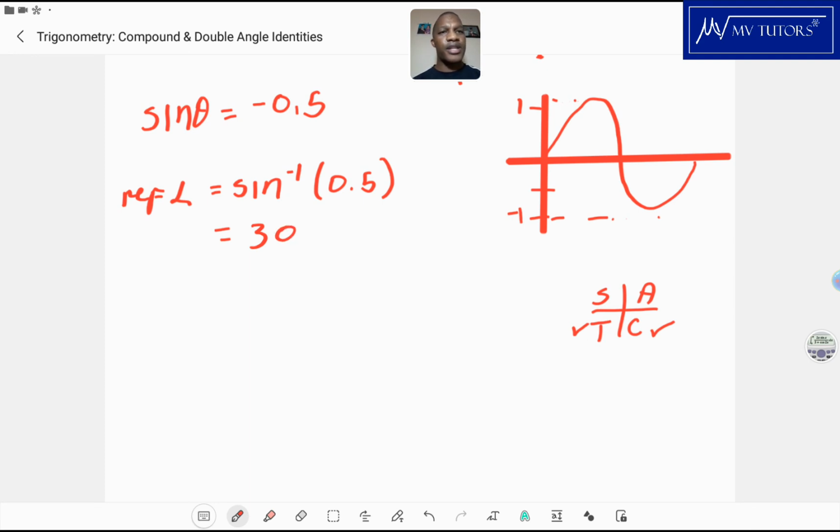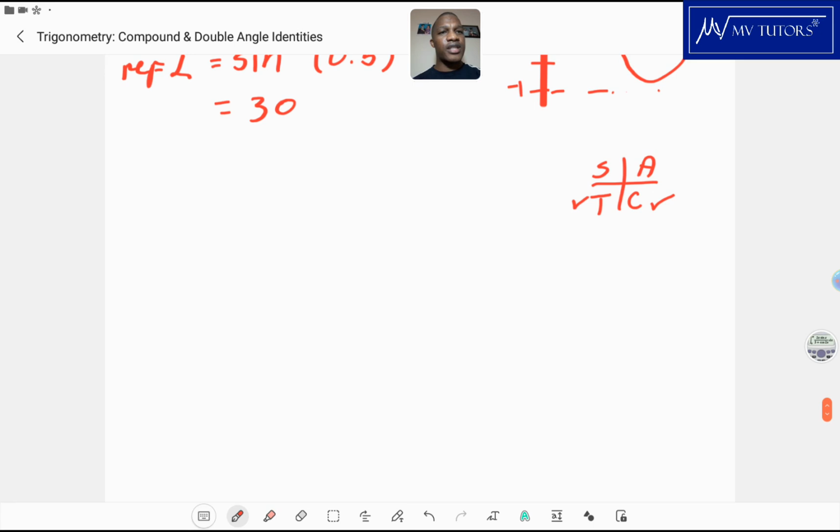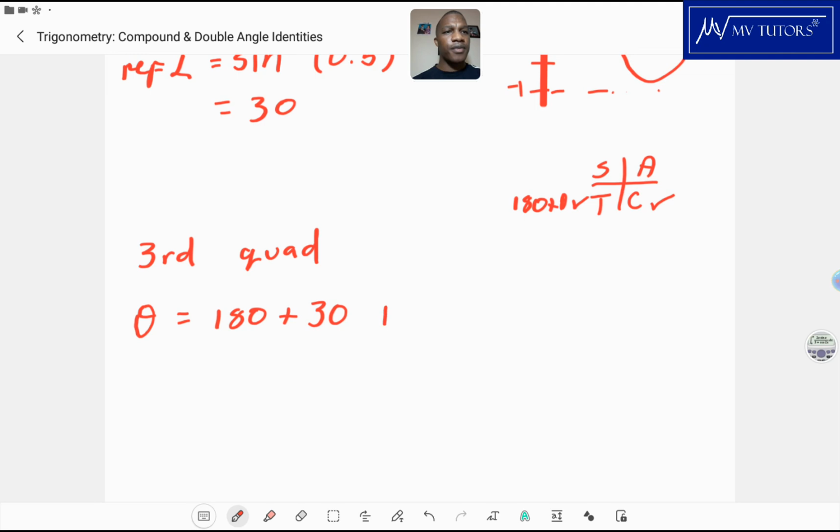Now, where does this help us? It tells us that we're in the third quadrant. On the third quadrant, we know it is 180 plus the reference angle. So theta is equal to 180 plus 30, plus 360K.